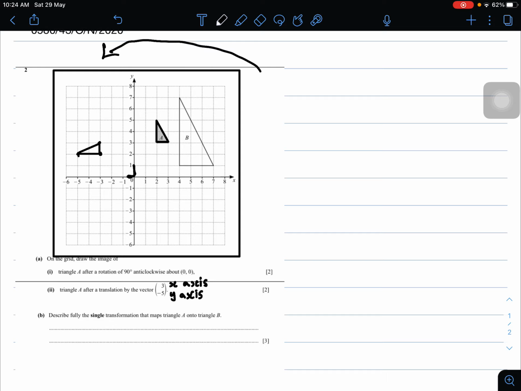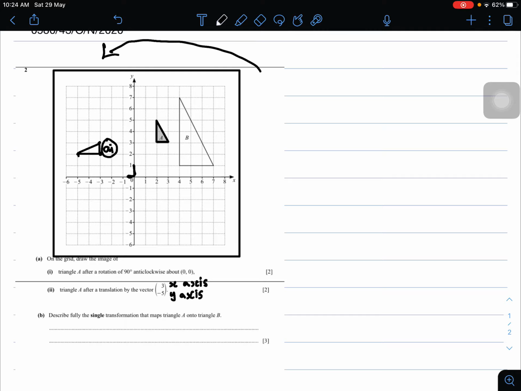So I'll just label it. So this is part A1. Let's just label it more neatly. Part A1. Okay.